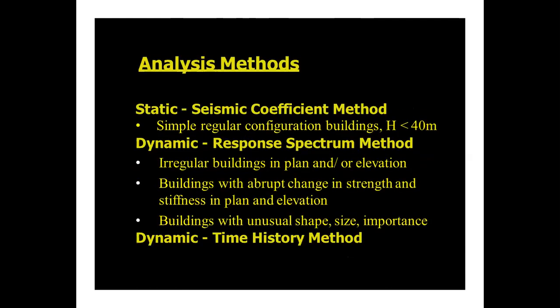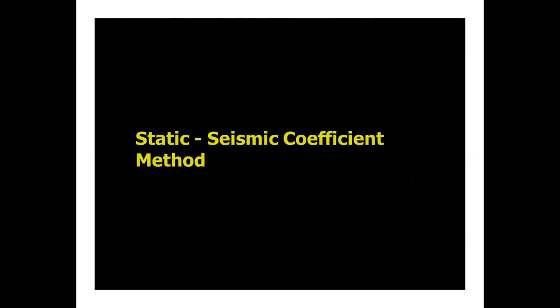So now we go to the analytical methods. First is the static seismic coefficient method, for simple regular configuration buildings where height is less than 40 meters. Second is the dynamic response spectrum method, for irregular buildings in plan or elevation, buildings with abrupt change in strength and stiffness in plan and elevation, and buildings with unusual shape, size and importance. And third is the dynamic time history method.